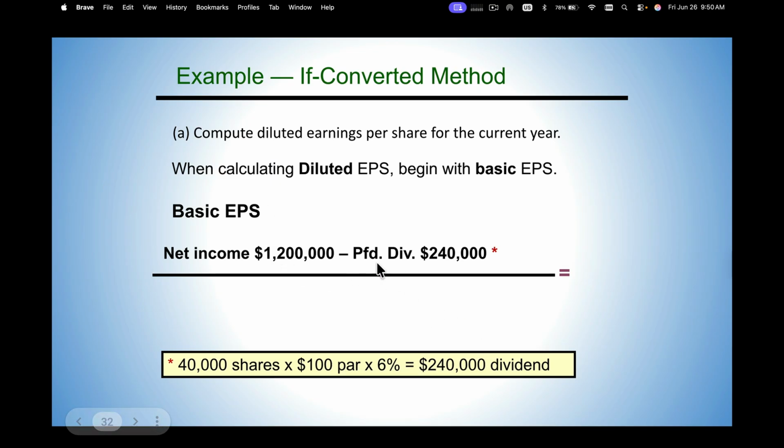That gives us 960,000 of income available to common, and we divide that by the weighted average shares of common outstanding, 600,000, or $1.60 per share. Remember, every company must report basic earnings per share.